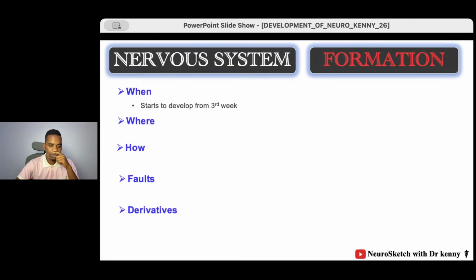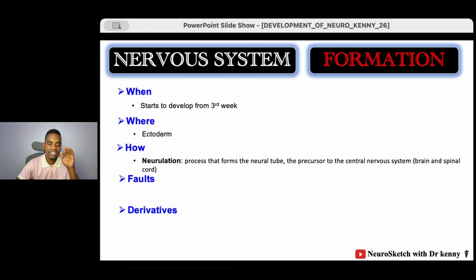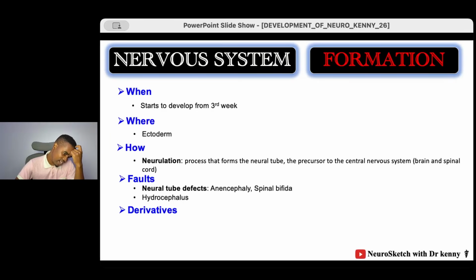Going back to where we started, we said you should know when it starts: third week. Where? Ectoderm. How? Neurulation. But neurulation is specifically for the central nervous system, the brain and the spinal cord. The defects we've seen, the neural tube defects like anencephaly and spina bifida, are discussed separately, and hydrocephalus is also separate. We have a separate discussion about it.